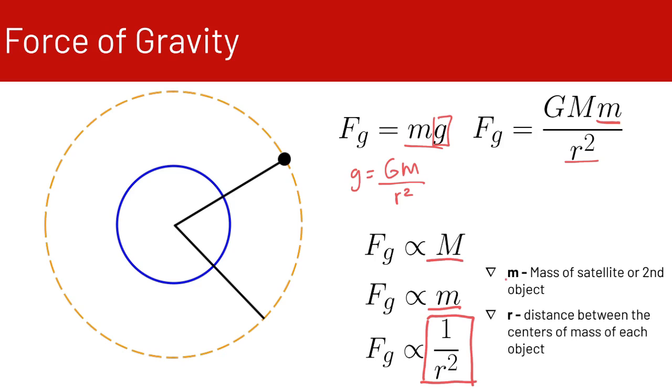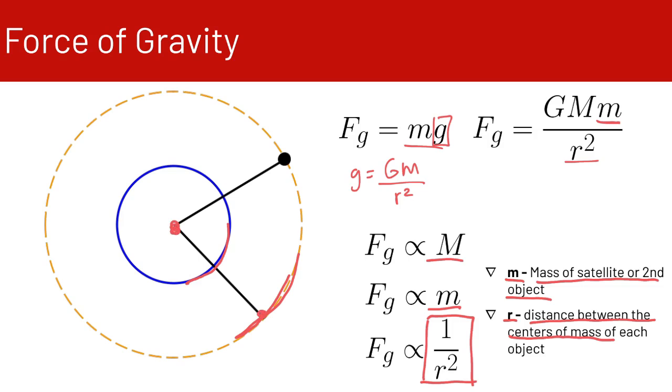And again, little m is the mass of the satellite or the second object, whatever that is, and r is the distance between the centers of mass of each object. So that's important. We're not talking about the distance from the surface of the planet out to where the object is orbiting. We're talking about the center of mass out to the center of mass of the second object.